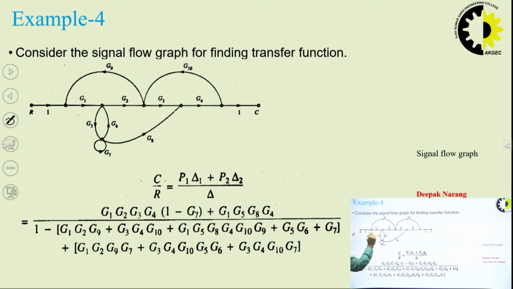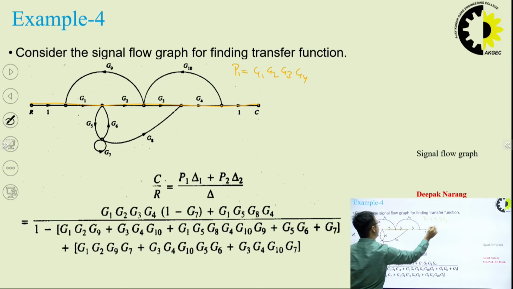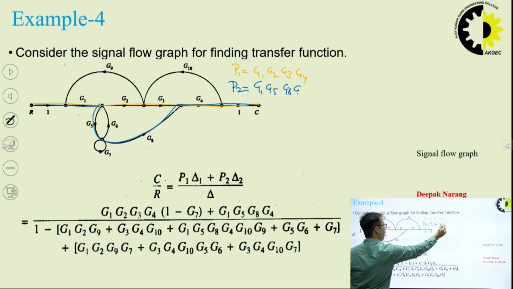The first forward path is P1 equal to G1, G2, G3, G4, and the next forward path is P2 equal to G1, G5, G8 and G4.